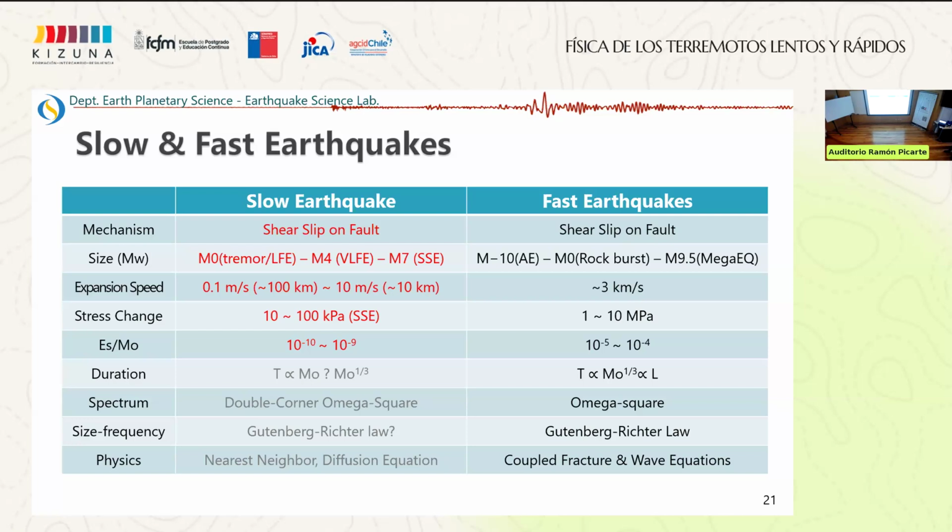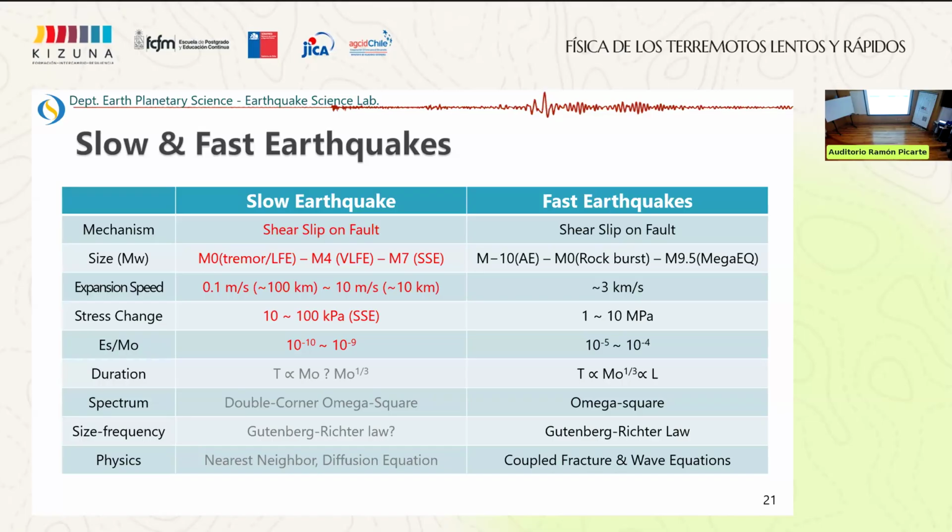We already talked about the expansion speed being very slow compared to fast earthquakes, and stress change is smaller by 2 orders, about 100 times. It's big, but if we compare the energy moment ratio, the difference is much bigger: 10,000 times difference between fast and slow.